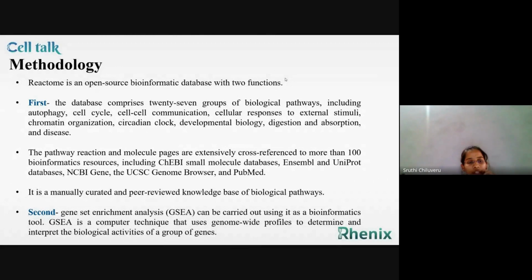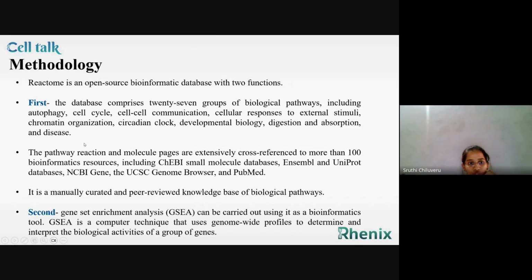When it comes to methodology, as I said, Reactome is an open source bioinformatics database, which consists of two functions. The first one is the database, which comprises 27 groups of biological pathways.